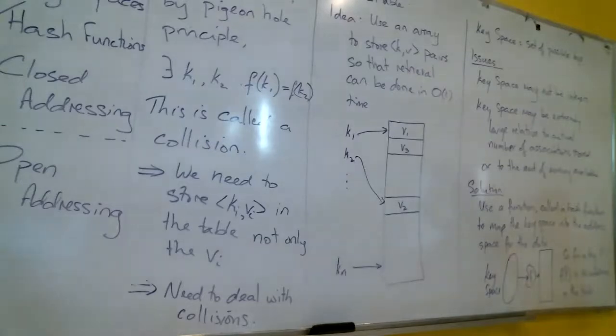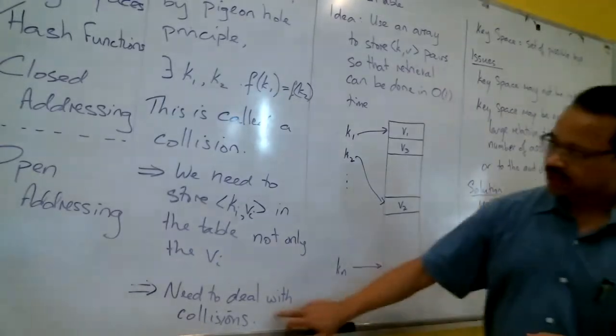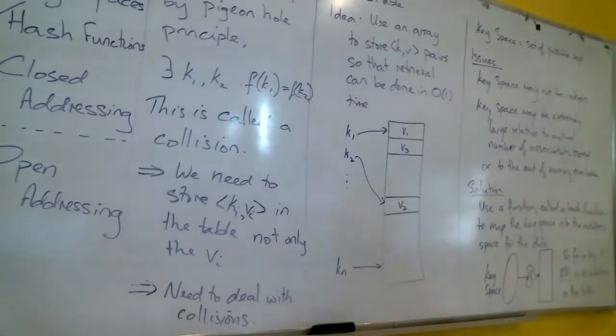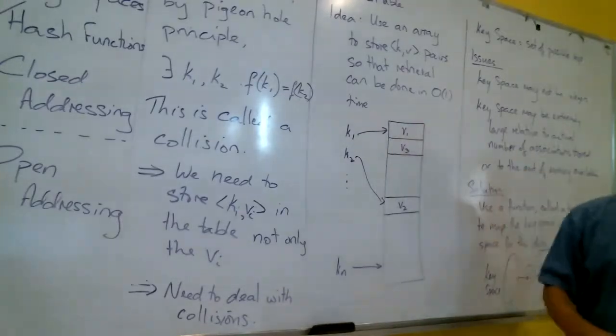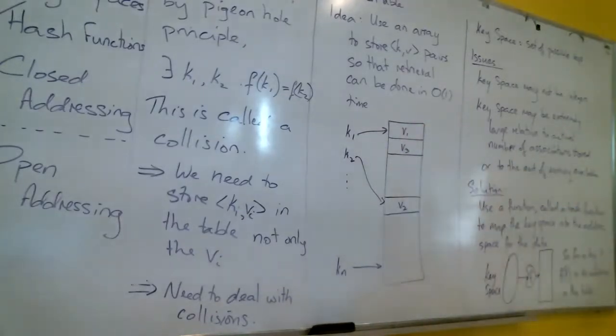All right, so now we have two categories of possibilities for how to deal with those collisions. In the first method, we're going to allow each cell or each address to contain more than one key value pair, if necessary. So in that context, you then view the array, the table, as actually being an array of, sometimes they're referred to as buckets.